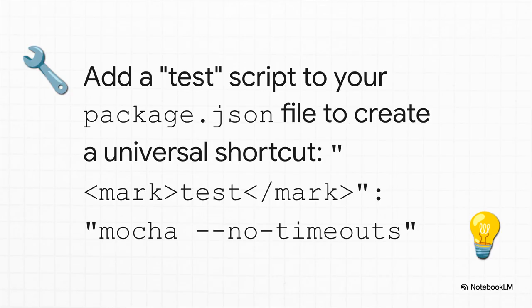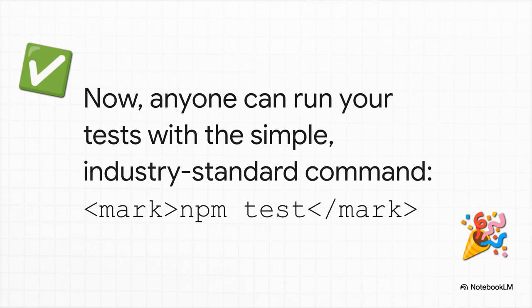By doing that, you create a universal shortcut for your command. And I'm not kidding, this is standard practice in pretty much every professional JavaScript project you'll ever see. And just like that, instead of the long, specific command you had to type before, it's now the simple, industry-standard npm test. Now anybody who joins your project knows exactly how to run the tests. It's just clean, it's conventional, and it's so much more efficient.